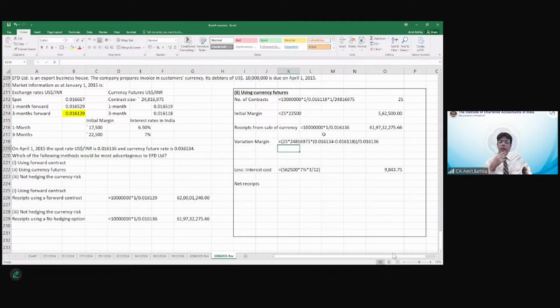Now, look at it this way. My contract was for 10 million US dollars, right? Which we had converted at what rate originally? At the future rate at that time of a 3-month currency future rate of 0.016118. Now the rate is 0.016134. So 16 points is the change, right?